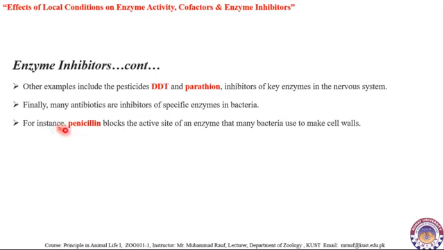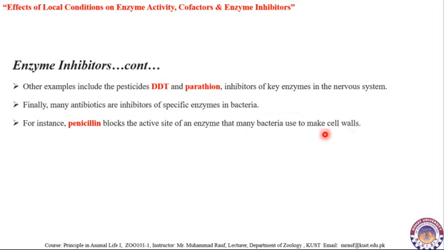For instance, penicillin. Now penicillin is one of the first antibiotics to be discovered. It was discovered by Alexander Fleming back in 1928, and then in the 1940s its commercial production started. What is the mode of action of penicillin? It blocks the active site of an enzyme that many bacteria use to make cell walls.